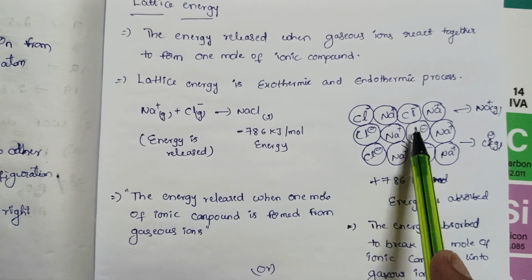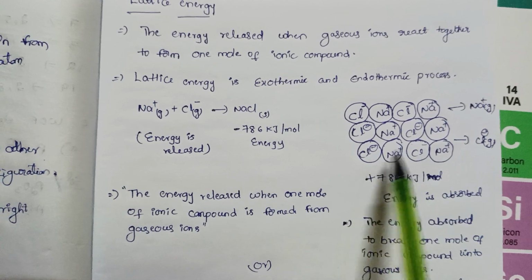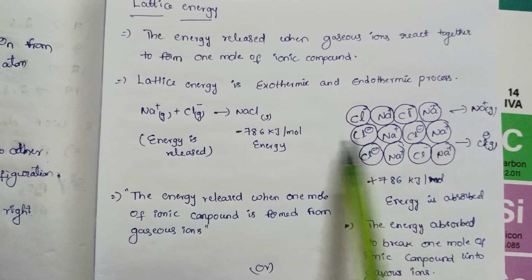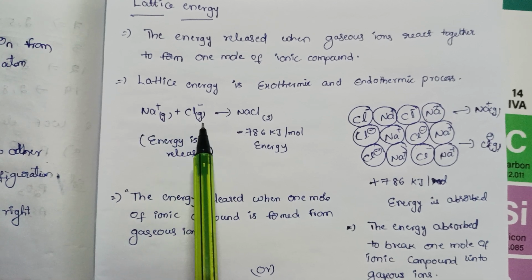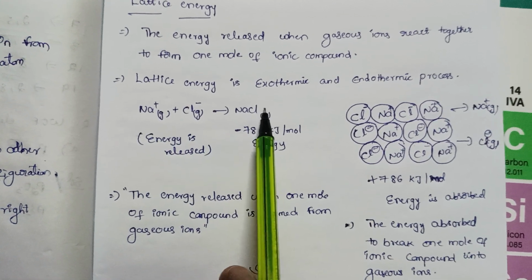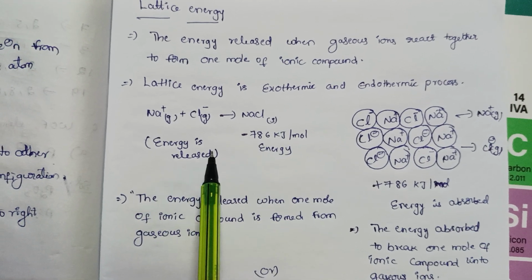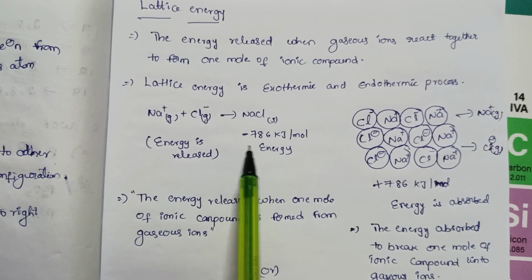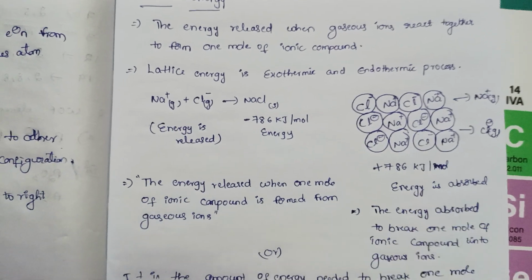Whenever the molecule breaks into different constituents, the energy is absorbed. When different constituents combine together to form a molecule, energy is released, so it is an exothermic process, and the reverse is endothermic.